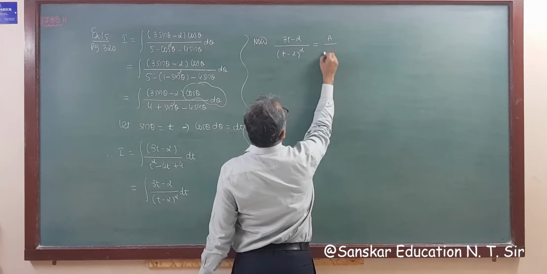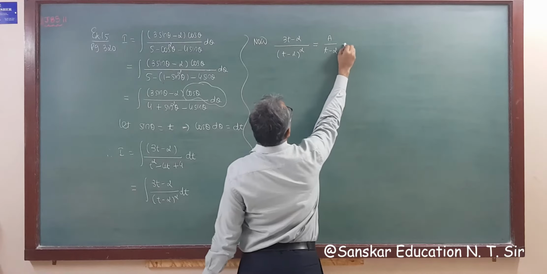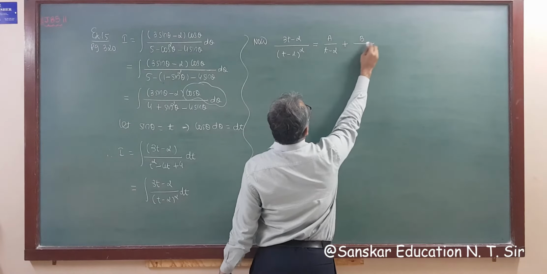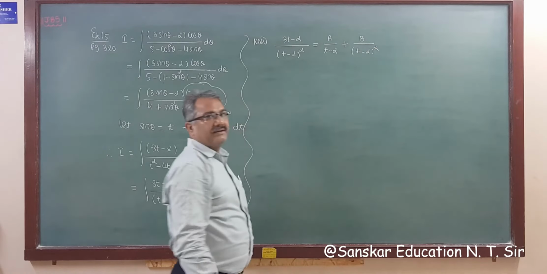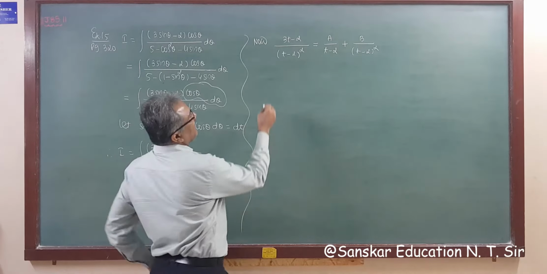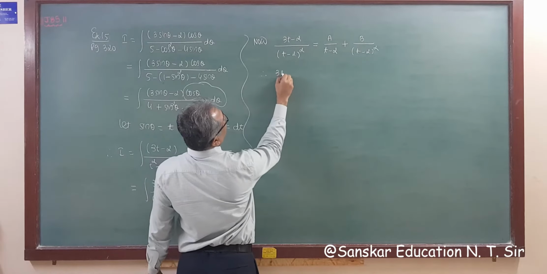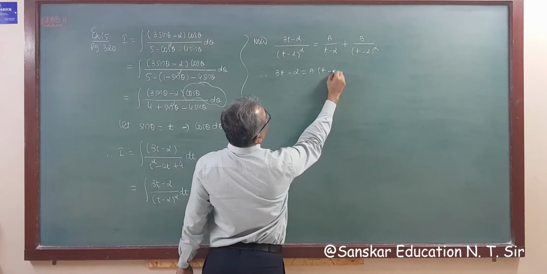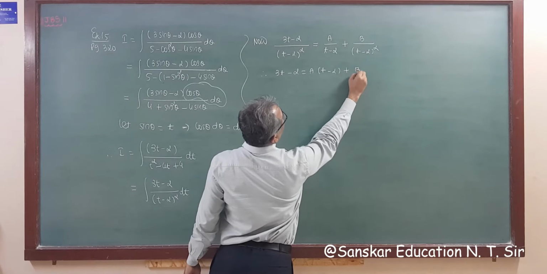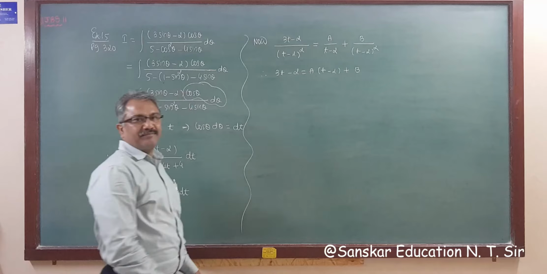A upon 1 root plus B upon the repeated root, that is (t minus 2) whole square. Okay. Now taking LCM, 3t minus 2 is equal to A into (t minus 2) plus B, as (t minus 2) whole square is the LCM.